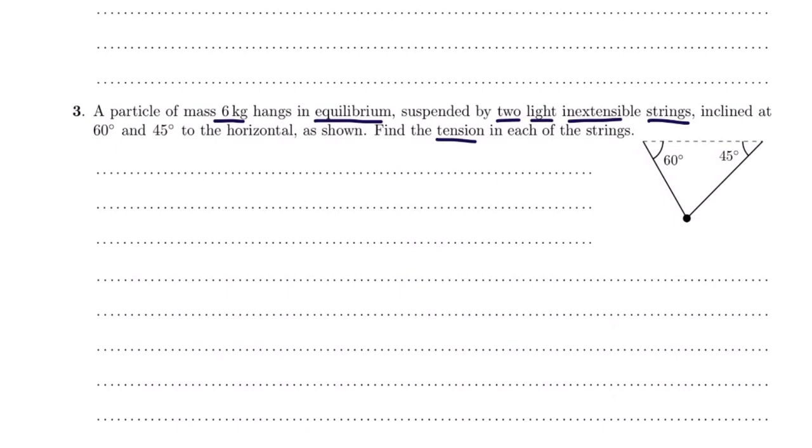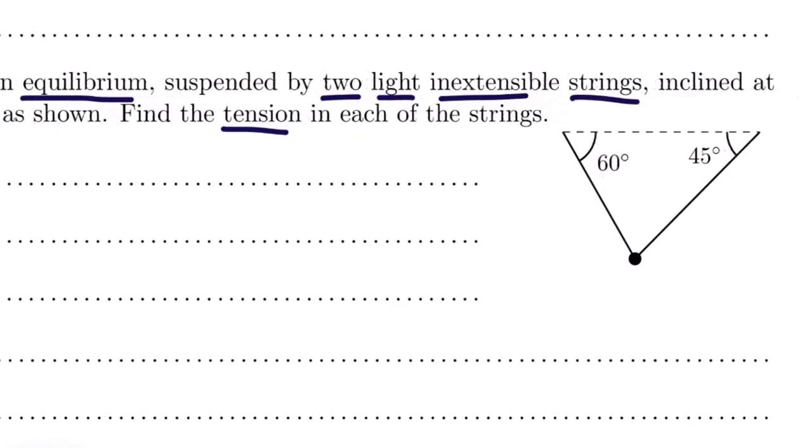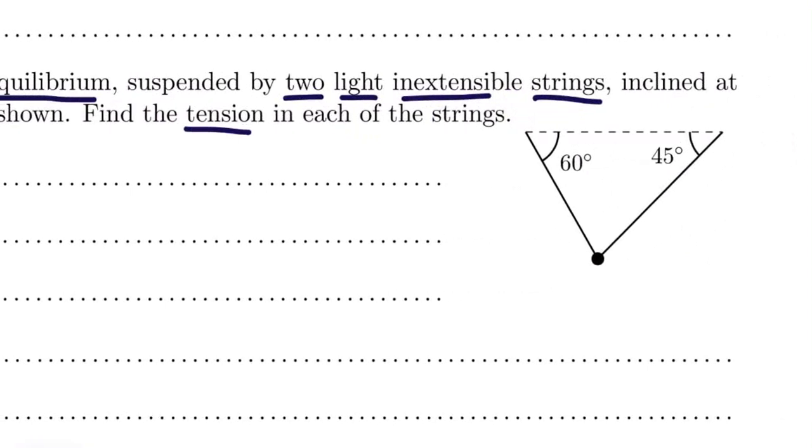Right, so again, I'm going to zoom in on the diagram and just put some forces on. I'm going to call the tension in the left string T1, the tension in the right string T2, and we've also got 6g as our weight. I'm now going to resolve the 2 tensions because they are the ones that aren't acting vertically or horizontally. So T2, I'm going to resolve it like this.